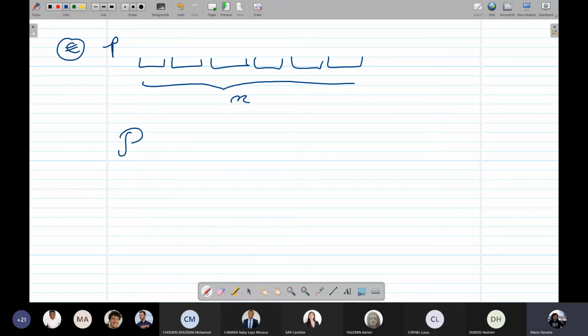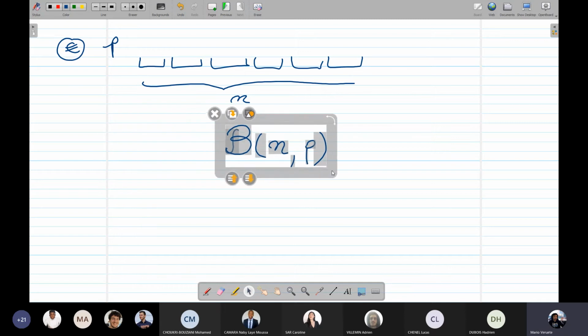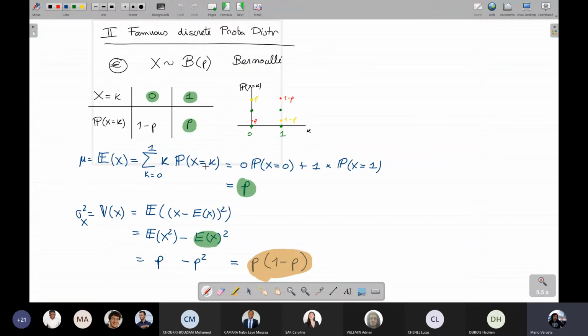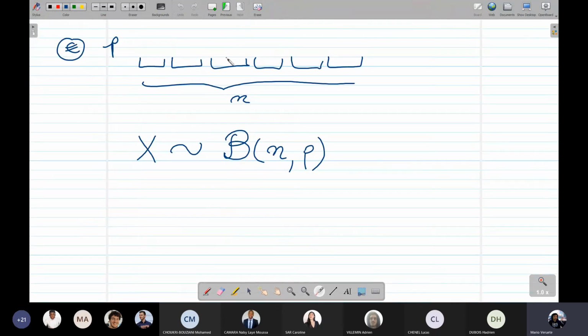So the binomial distribution B(n, p) is a probability law that depends on two parameters. X follows this law. So with respect to the Bernoulli distribution, where I have only one parameter, for the binomial one I have two parameters, n and p.